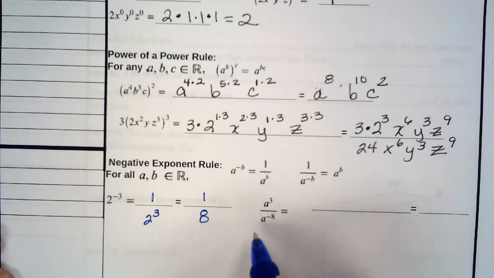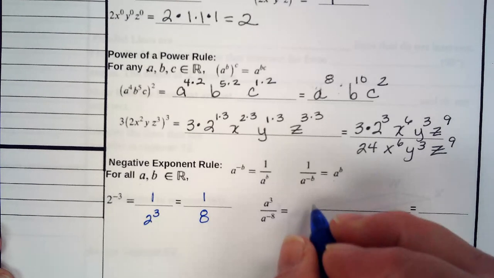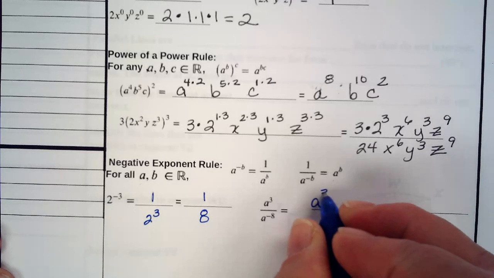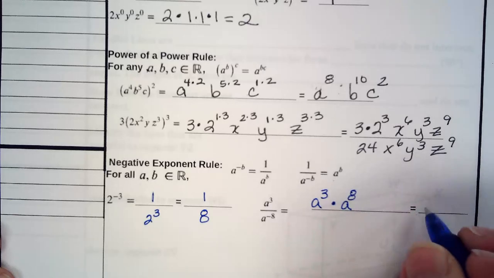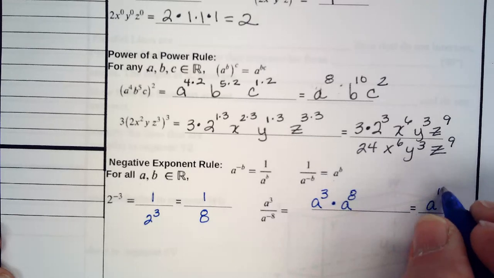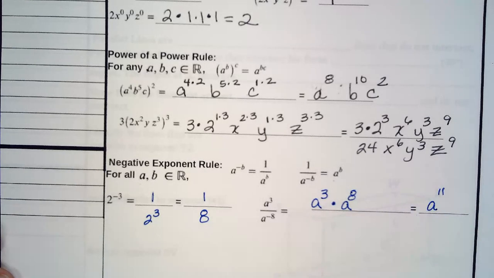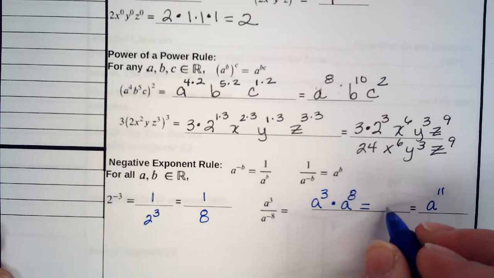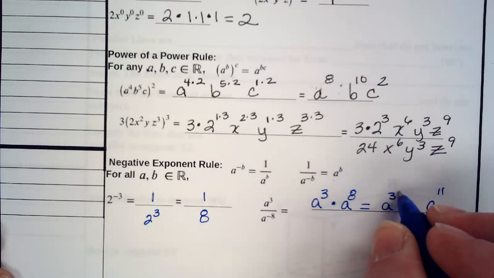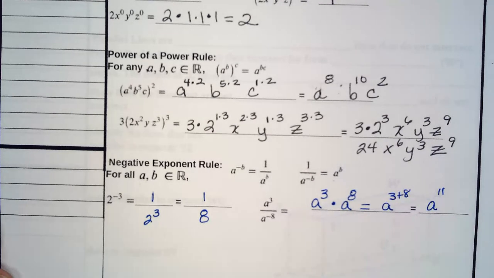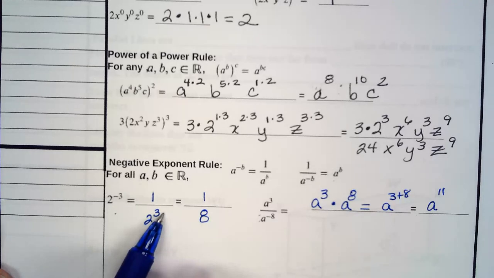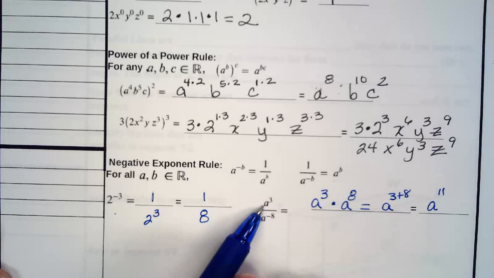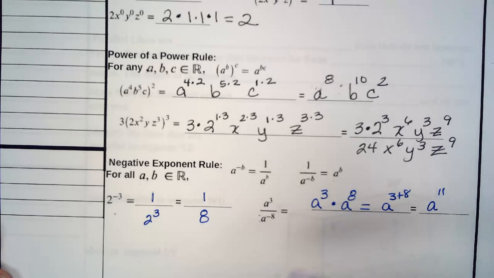If we're looking at this, it will make it jump up. So this becomes a to the third times a to the eighth. And this is a to the 11th power. You add those exponents. Remember, it will flip over the fraction bar, depending on if it's up above or down below.